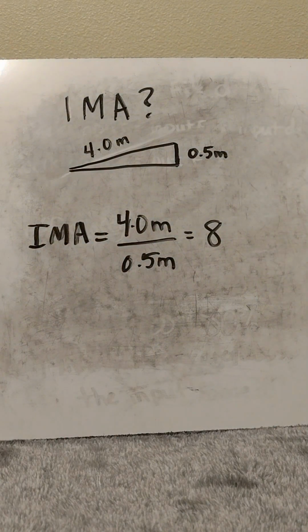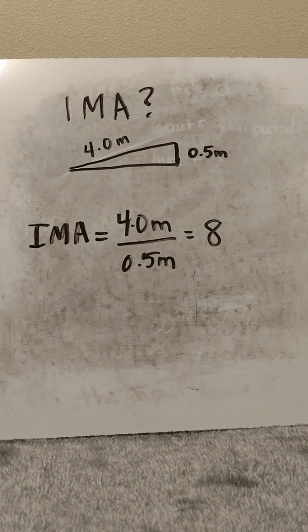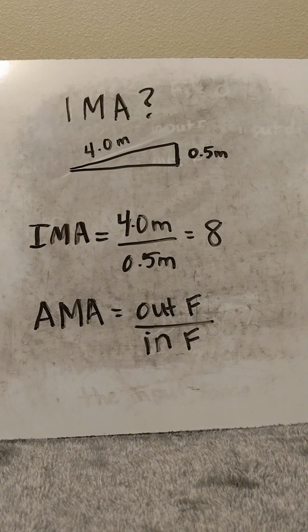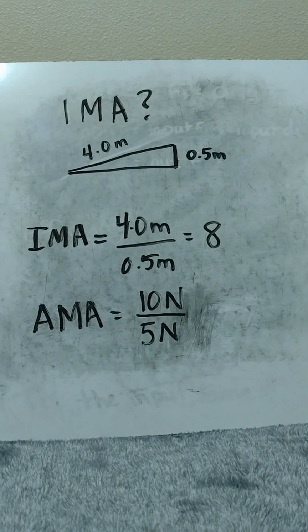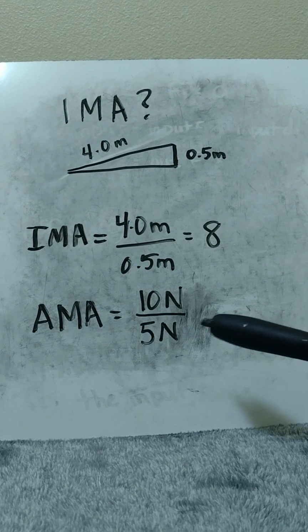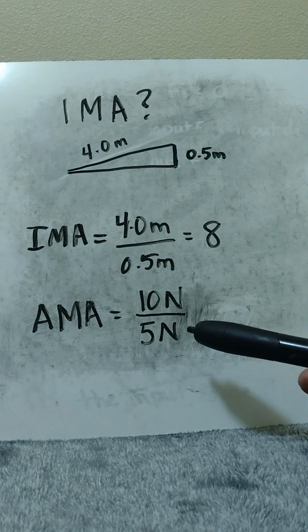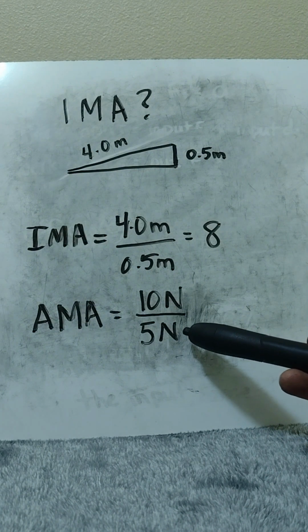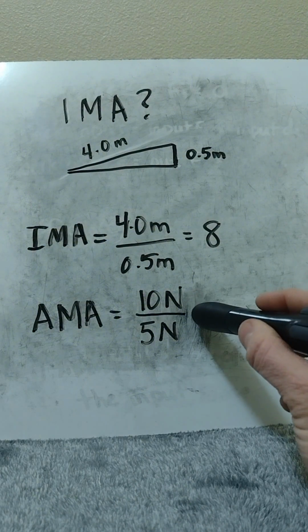Now, what if the ramp was a smoother surface, reducing the friction? How would the actual mechanical advantage change? Remember, the actual mechanical advantage is the output force over the input force. I put some pretend numbers in here just to show you what this would do. If we're reducing friction, we're going to have our input force be less. We need less input force to get up the ramp.